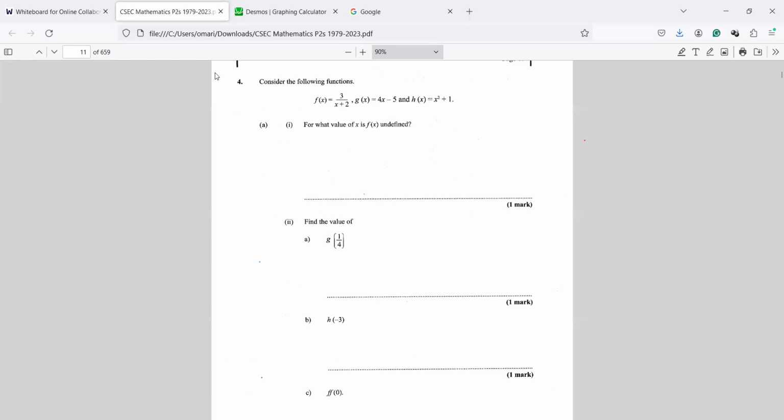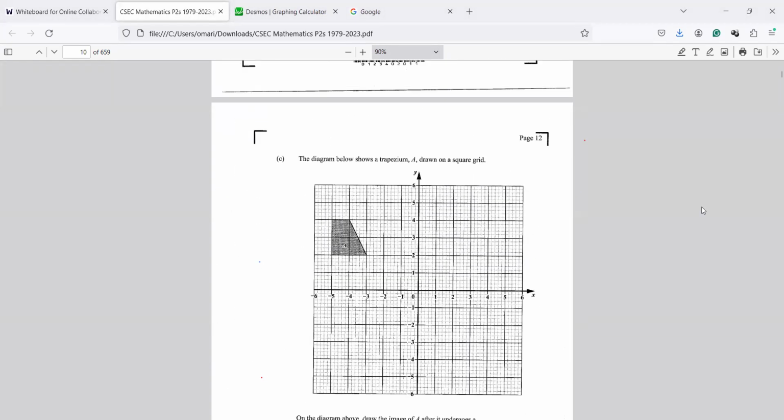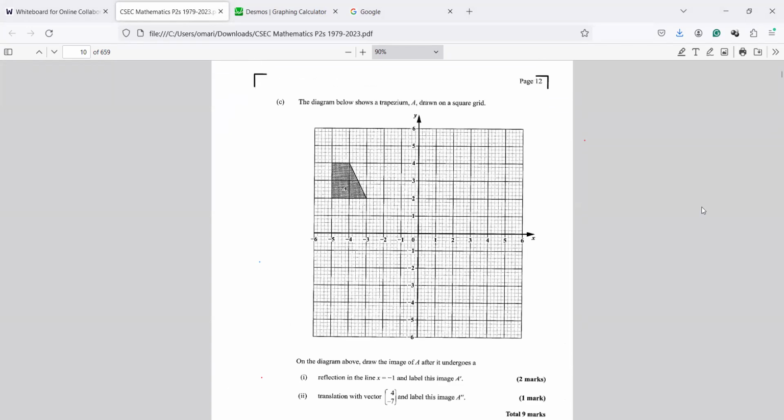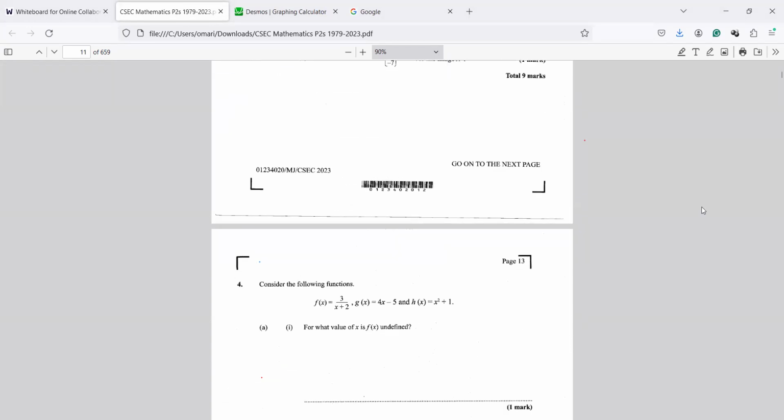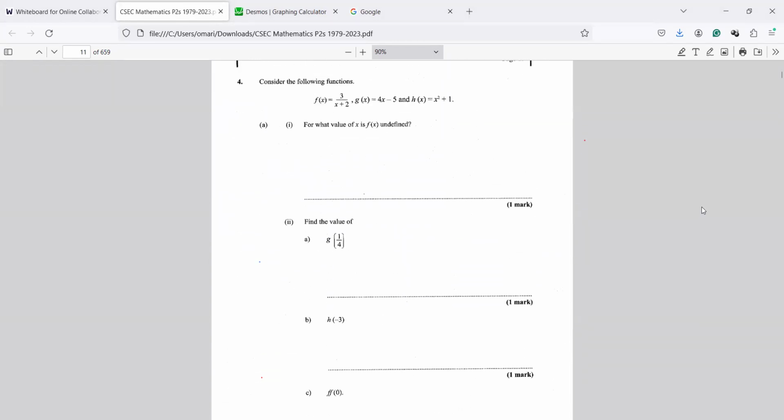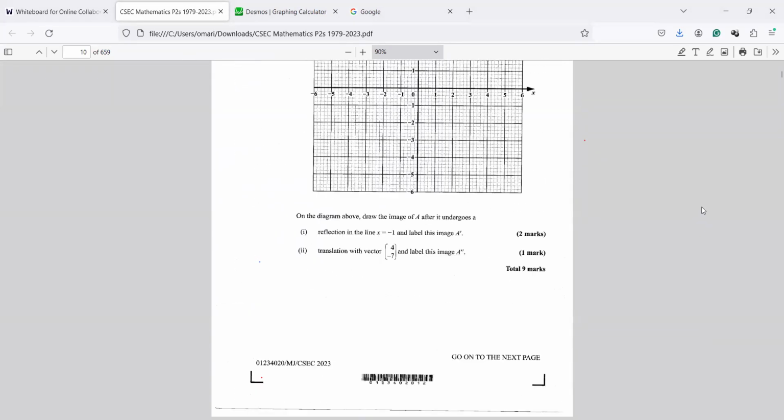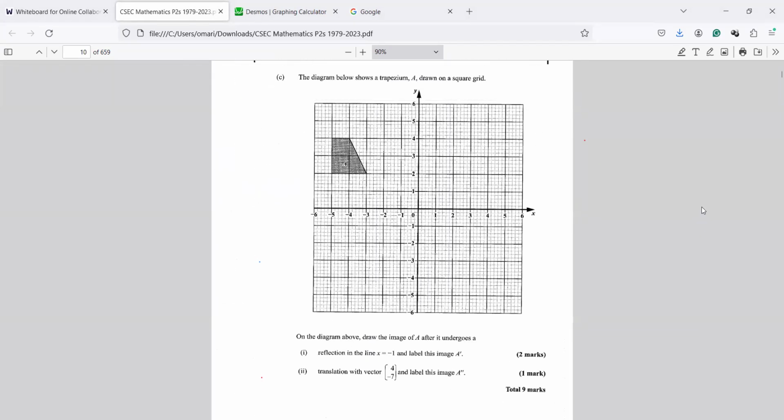Stop moving that fast. There's a graph question there. You're referring to this one, question 3C, I think. Let me see. No, not that one.